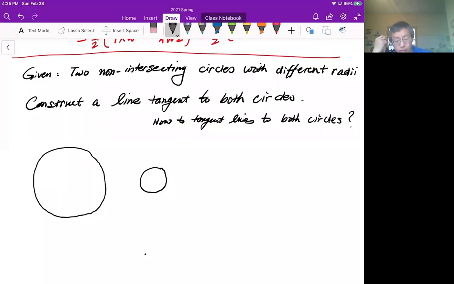Can you answer the question? Anyone? Well, you can just look at it. You don't have to draw it. Just take a look. How many such tangent lines are there which are tangent to both circles at the same time? Someone says two, or one, or two, or three, or four.